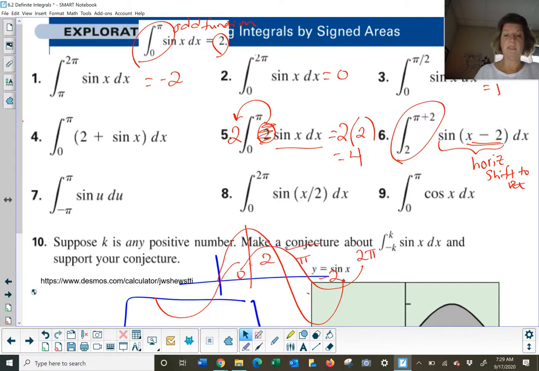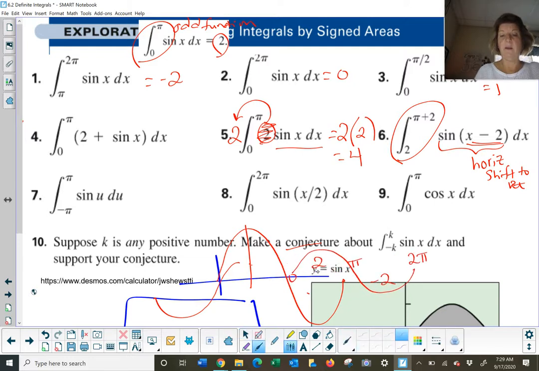This just gets lifted and moved by 2 units. So I still have the units residing underneath that first loop. I think this shifts by 2 as well. So everything still stays completely untouched. 2 units under the curve.